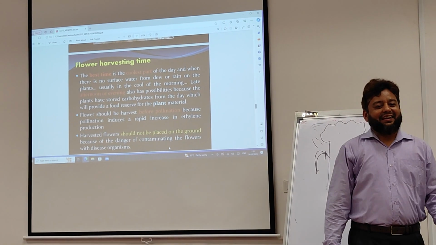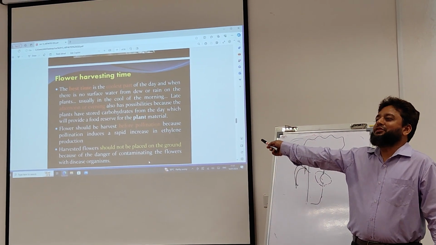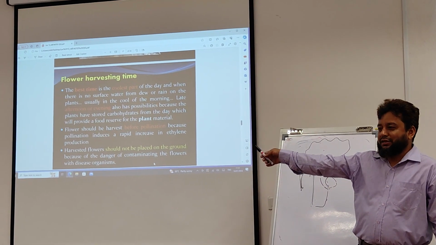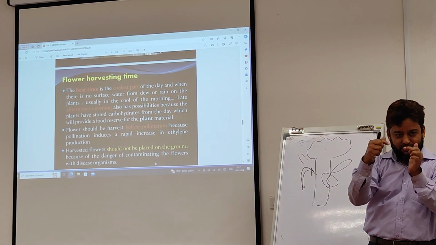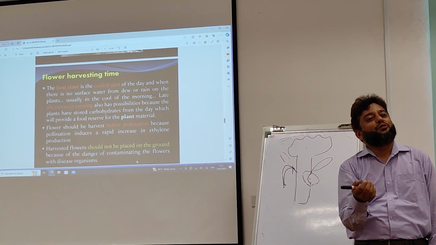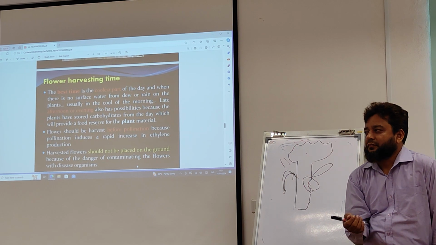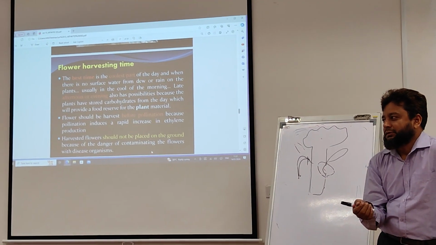Can you tell me why we need to harvest the flower before pollination? I think you know about pollination. Pollination is a natural process. So we need to harvest the flower before pollination. Why?